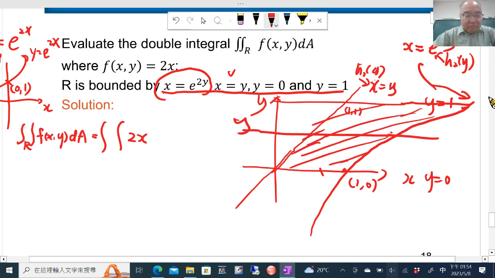So y is given, therefore we have dx dy, and integrate from x from y to e to the 2y, the h1 to h2, and the possible choice of y will be from 0 to 1. Okay, all right.